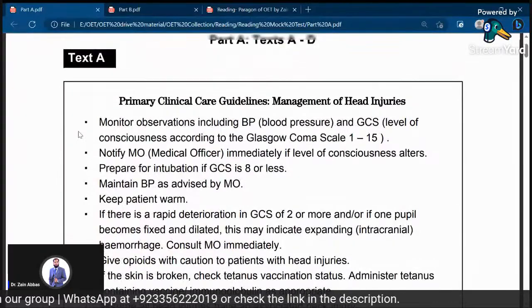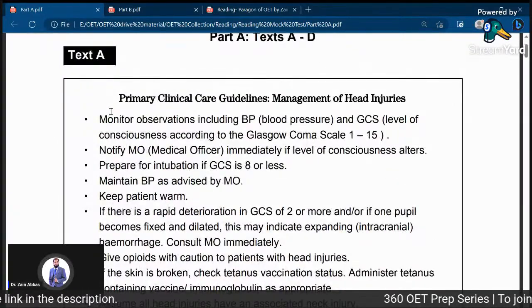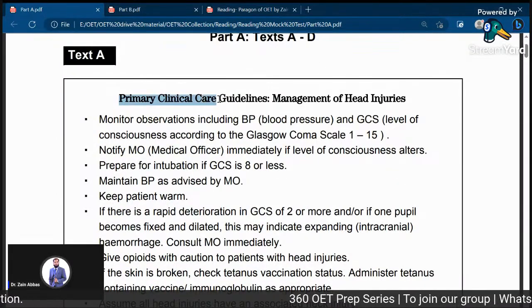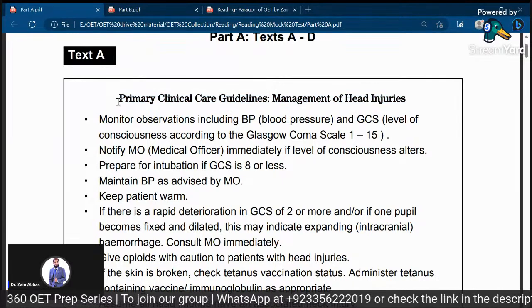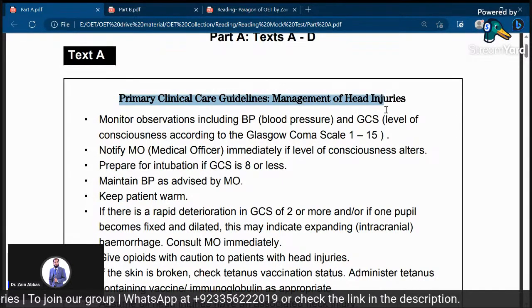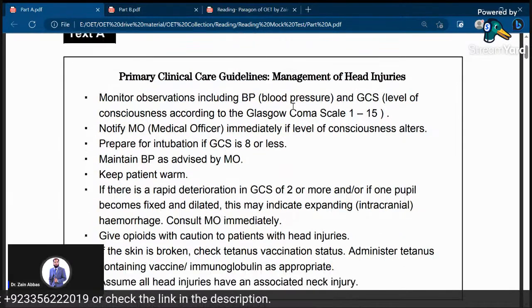The first one: when you look at the text here, read the heading: Primary Clinical Care Guidelines, Management of Head Injuries. So this text is all about the management of head injuries, and you need to skim and scan now.